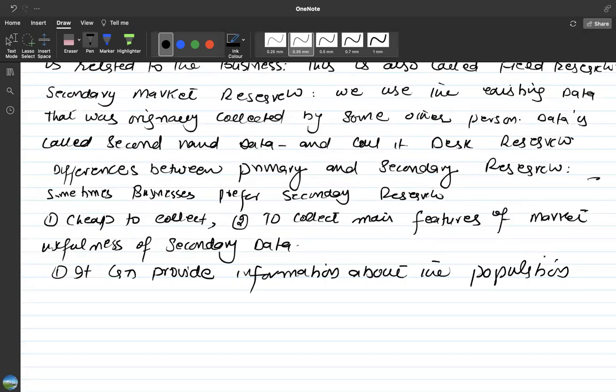We can also talk about the population trends that have been published in newspapers, magazines, internet. It can help to identify the key areas of market information that primary research should focus on. So it can be used before primary research to make the primary research more accurate and focused.